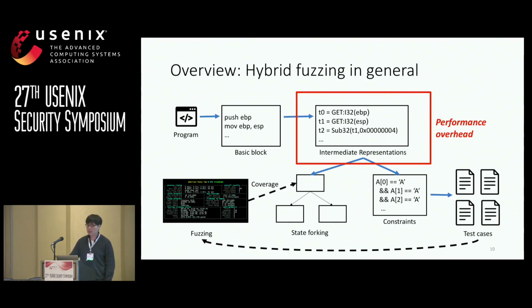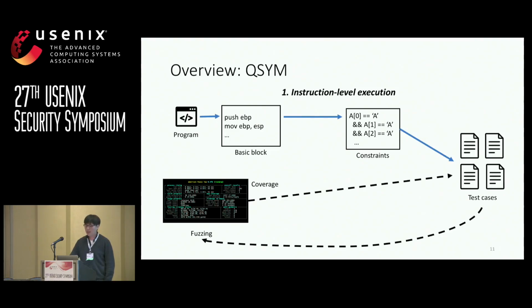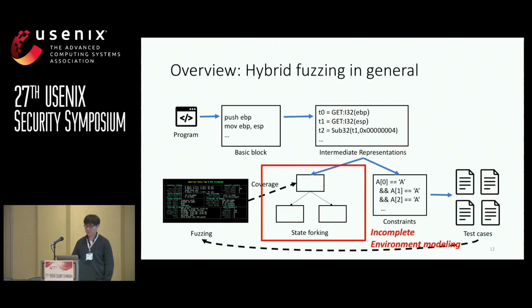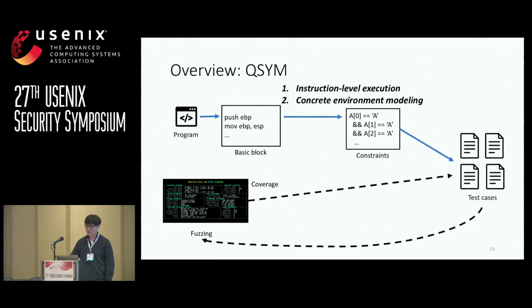There are several problems in this design. The first one is the intermediate representation. Intermediate representation currently introduces significant performance overhead that slows down hybrid fuzzing a lot. To mitigate this, QSYM directly generates constraints instead of using the intermediate representation and removes this layer. The second is state forking. State forking introduces several problems in the environment modeling.